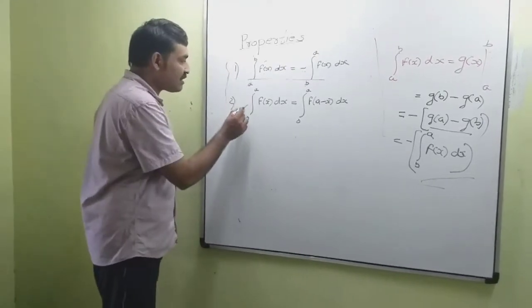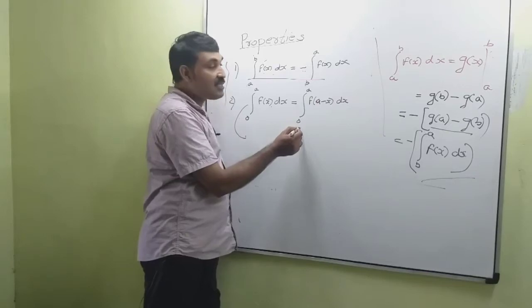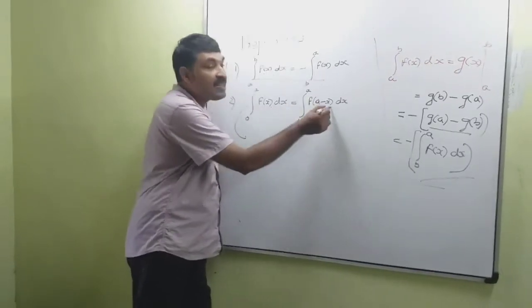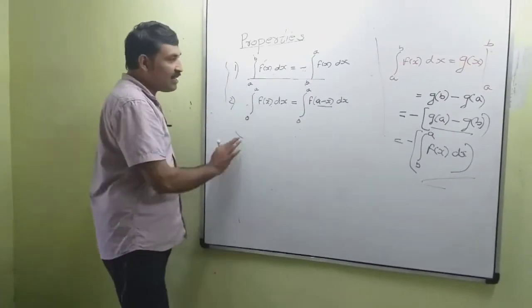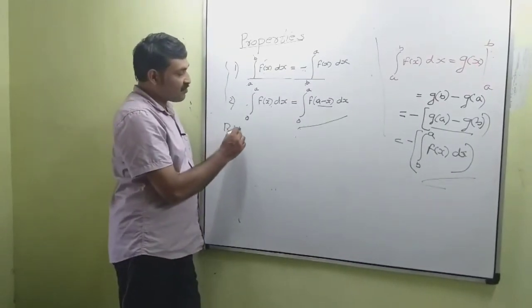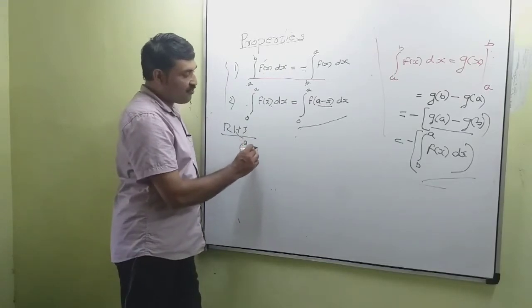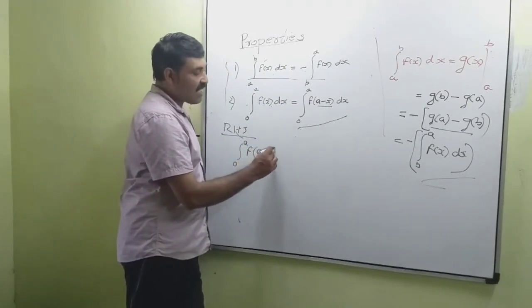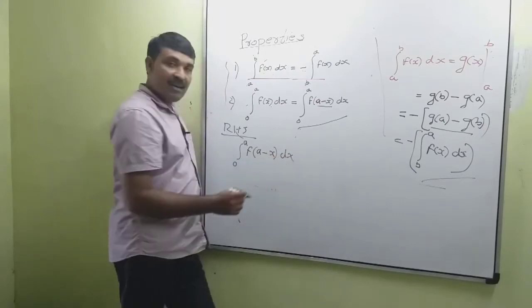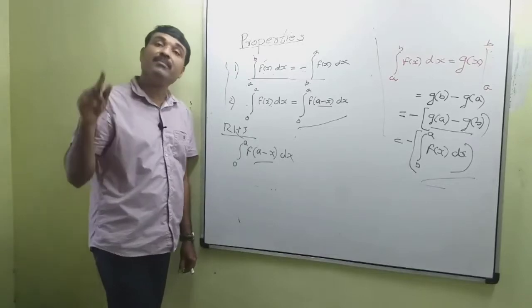Now let us prove this. Integral 0 to a f of x dx is equal to integral 0 to a f of a minus x dx. Now let us consider our RHS. Our RHS is integral 0 to a f of a minus x dx. Now let's put a minus x equal to some other variable t.